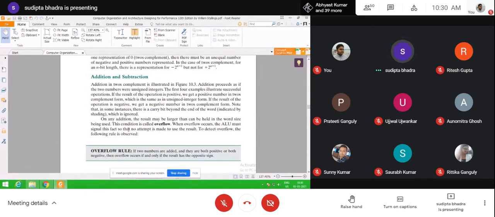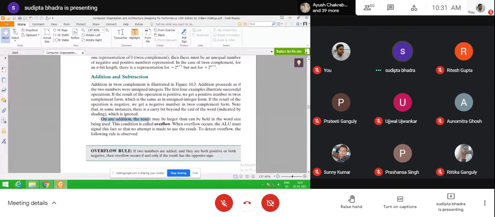In case of addition, there is a particular case of overflow. If we add two unsigned numbers, there is no issue. Whenever there is a negative number in addition, you have to take the proper steps.